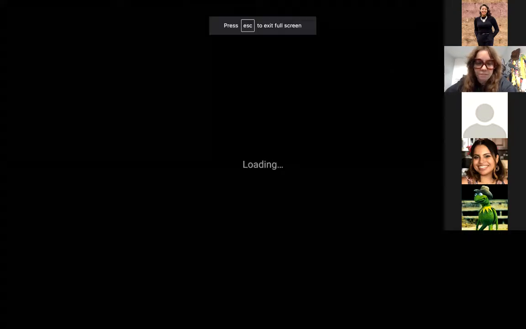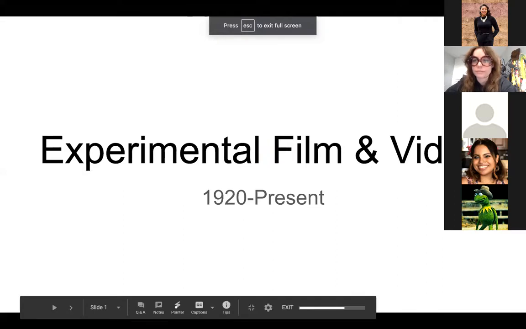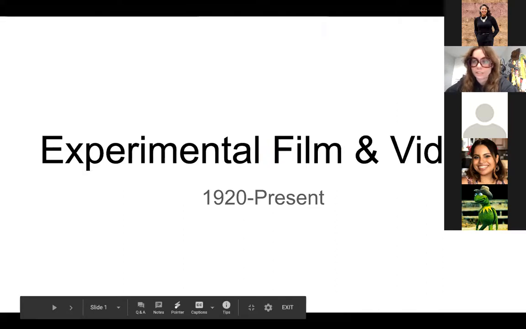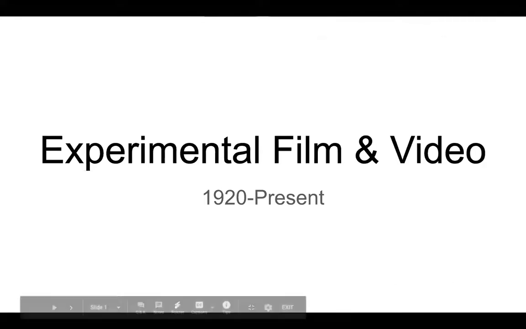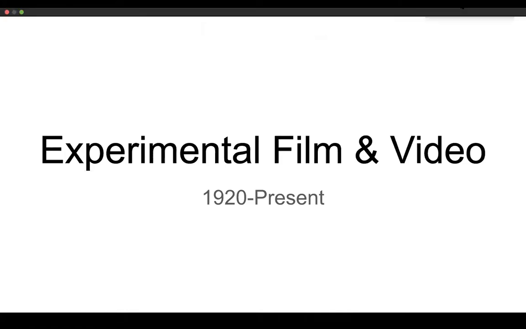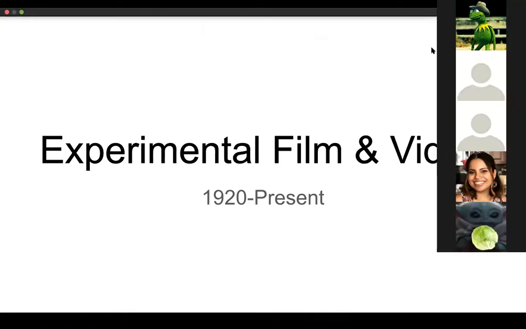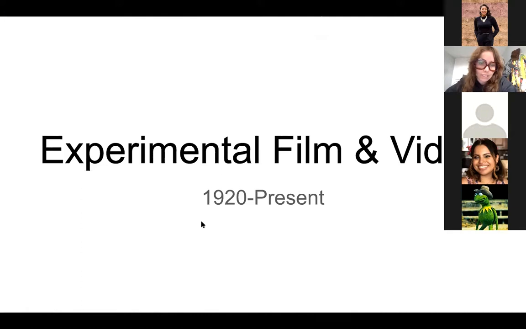Are y'all able to see that? Yes. Okay, so 1920 to present. Anyone seeing any parallels here with any of the other art movements? It coincides with most of the things we've studied so far.